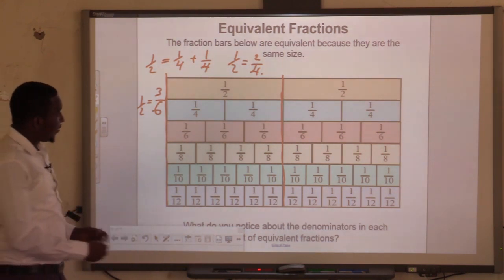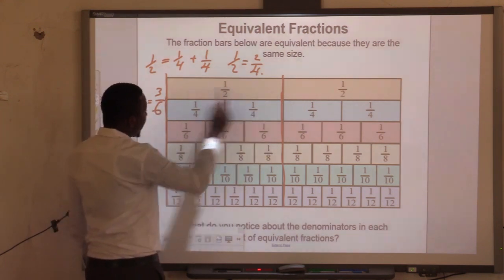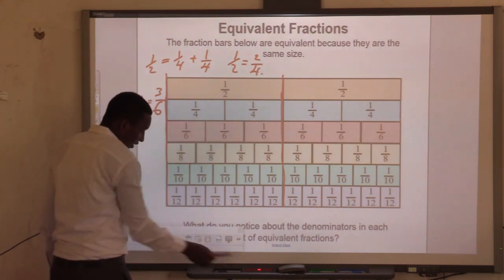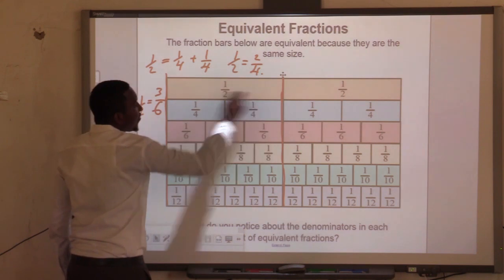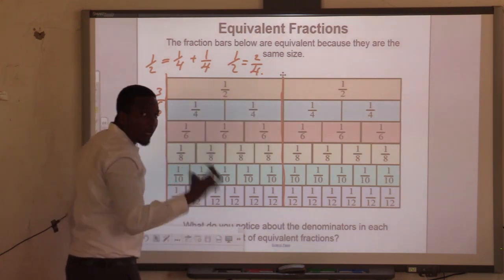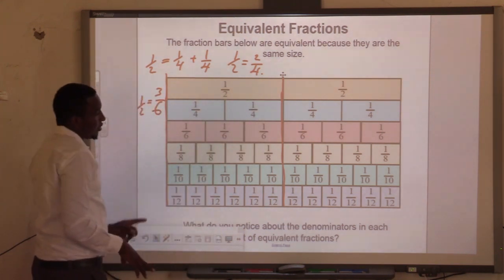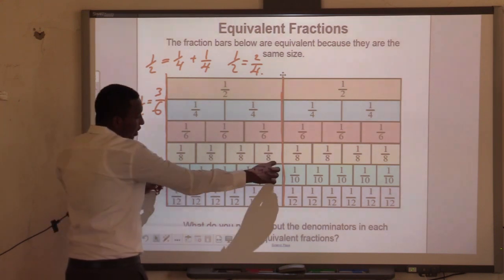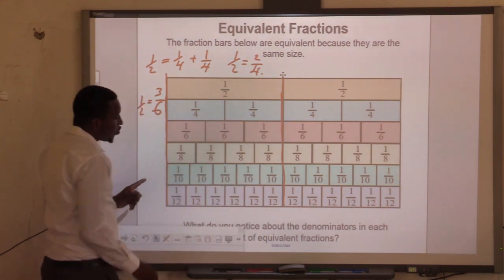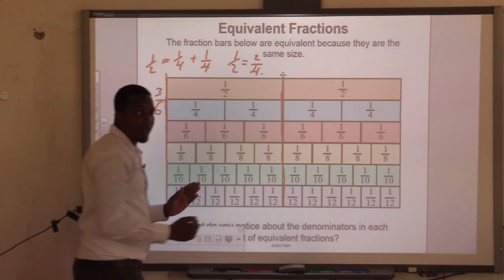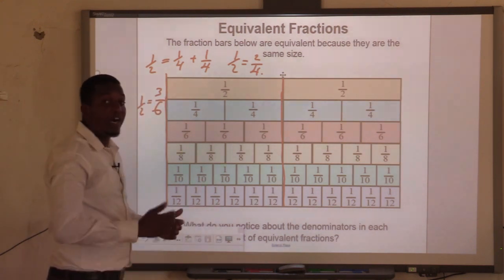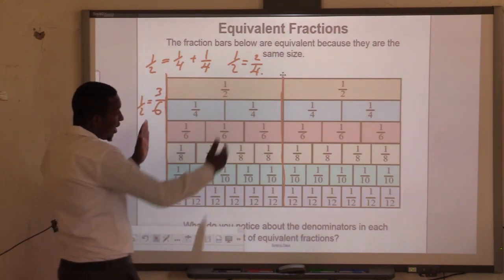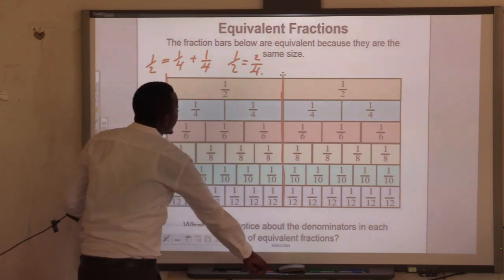We can have more of these examples from the fraction chart. Looking at the same boundary, that is half here, it is equivalent to this other area. We have 1/8. So how many 1/8 will you add to give you a half? We can still have that in the fraction chart.